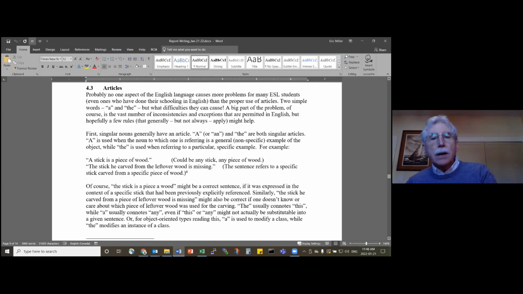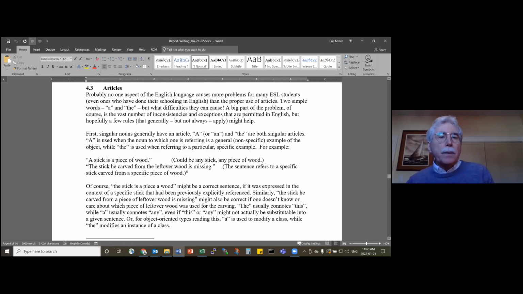So again, a couple of very simplistic examples. A stick is a piece of wood. In this sentence, stick here could be any stick. We're not talking about a specific stick. We're just talking generally that a stick is a piece of wood.